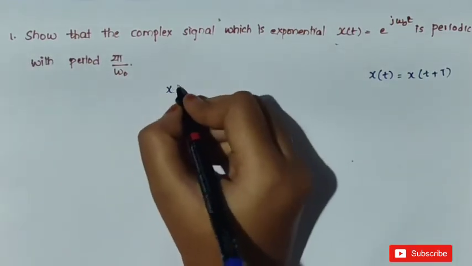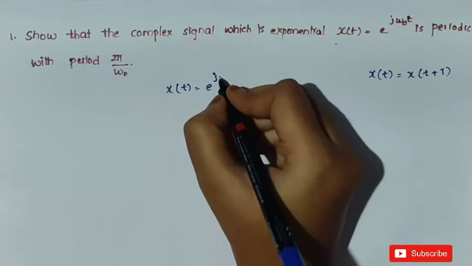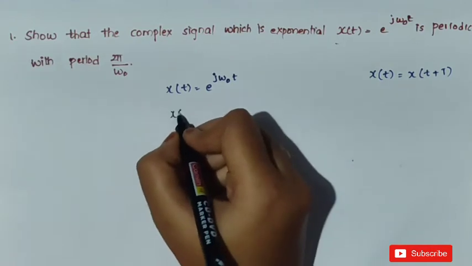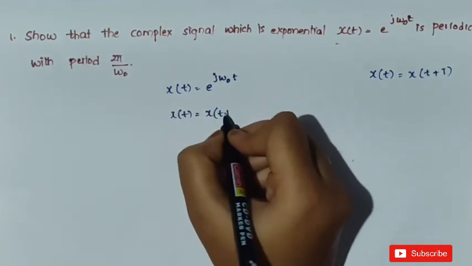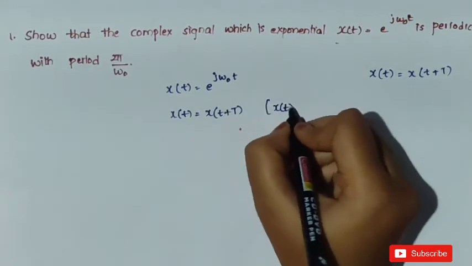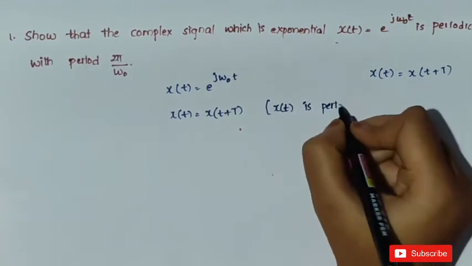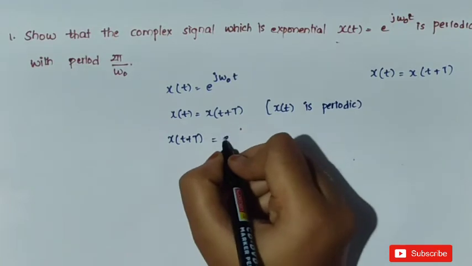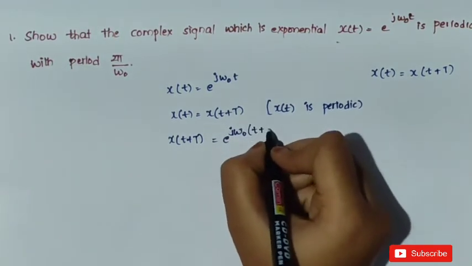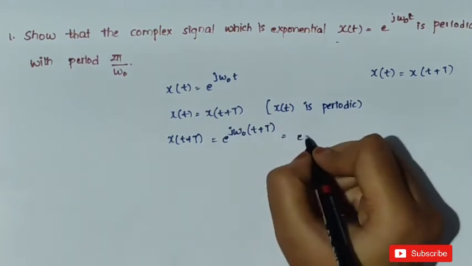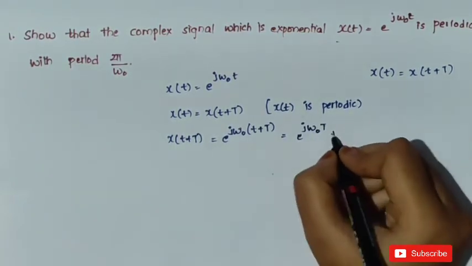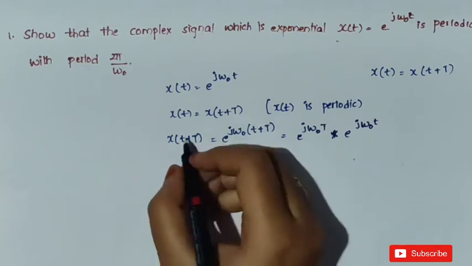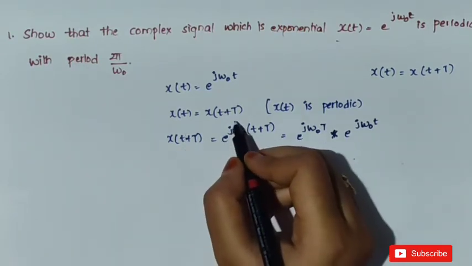Given x of t is equal to e power j omega naught t. x of t is periodic only when x of t is equal to x of t plus T. Therefore x of t plus T becomes e power j omega naught into t plus capital T, which implies e power j omega naught t into e power j omega naught capital T.